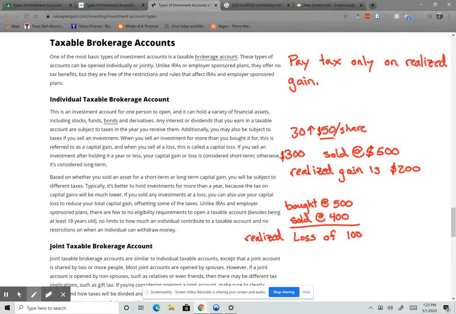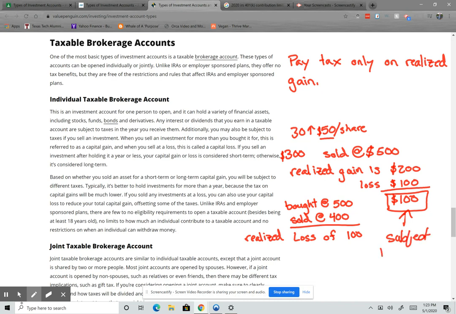on all of it. I have a $100 realized loss and a $200 realized gain. I'm going to take the realized gain and subtract from it the realized loss, so I end up paying tax on $100.